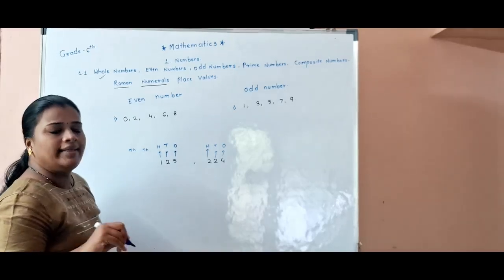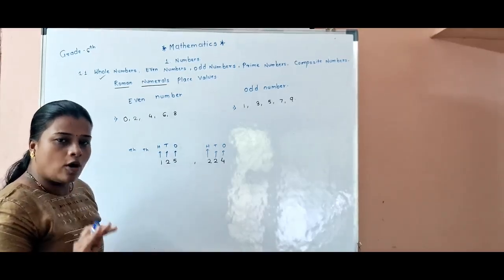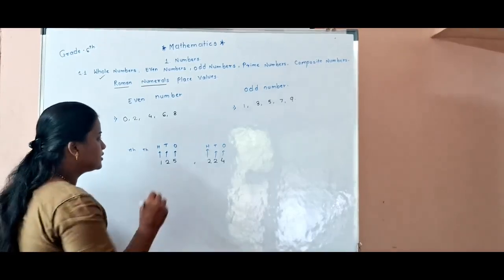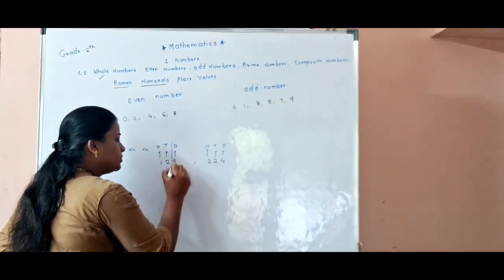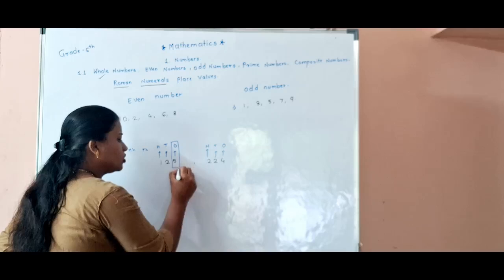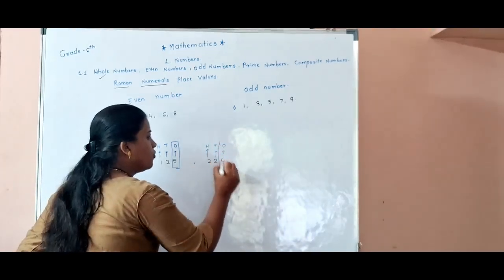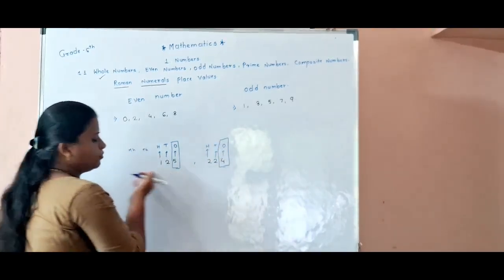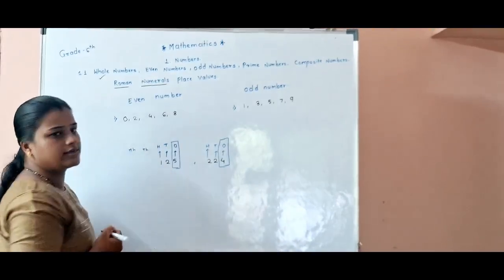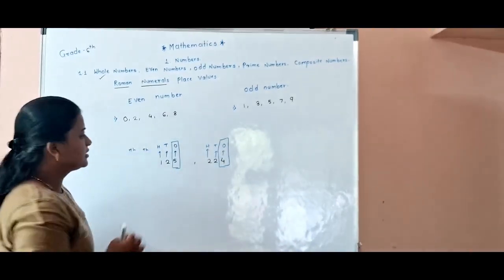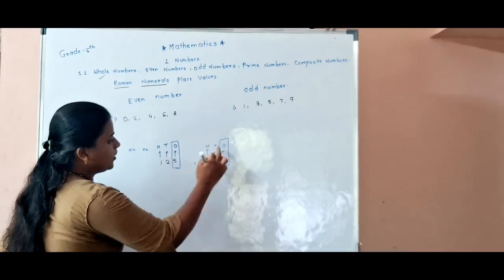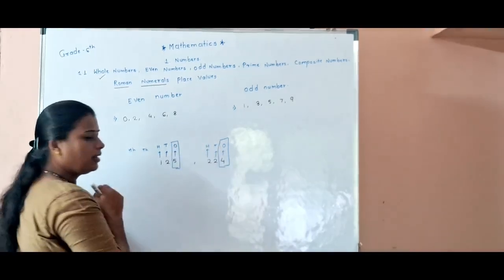To know whether the given number is odd or even, concentrate on this ones place. You are supposed to concentrate here. Whatever the number is before this, we are not interested in that. See the number which is at the ones place. Okay.